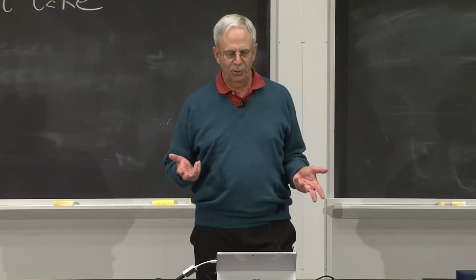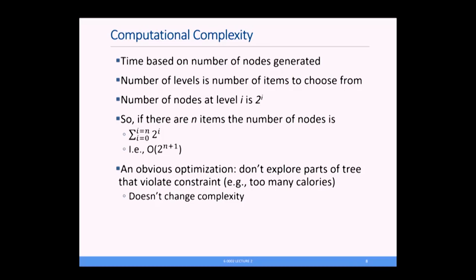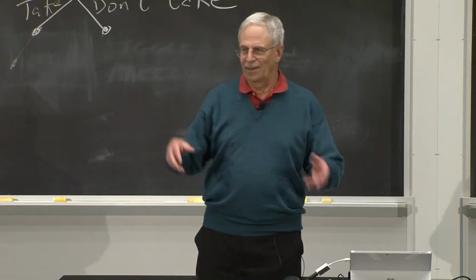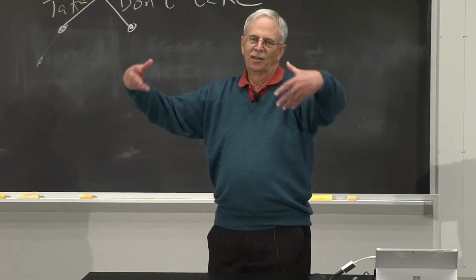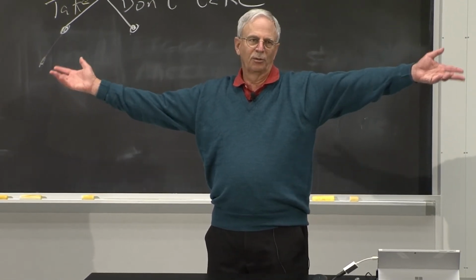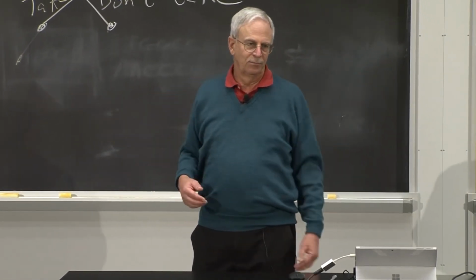Now, there's an obvious optimization, right? We don't need to explore the whole tree. If we get to a point where the backpack is overstuffed, there's no point in asking, should we take this next item, because we know we can't. I generated a bunch of leaves that were useless because the weight was too high.